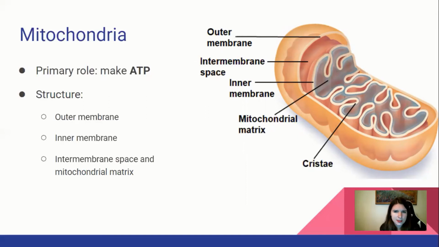Now, all of these spaces and both of these membranes are going to be important when we start to talk about metabolism at the end of this course, because we're going to hold different molecules and different processes inside the mitochondrial matrix versus in this intermembrane space. And we're partially making ATP by controlling the production of gradients and then their release.